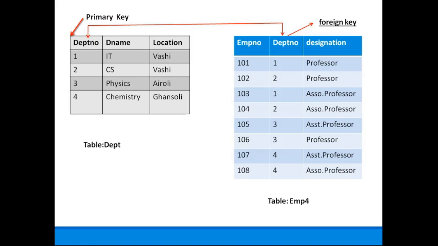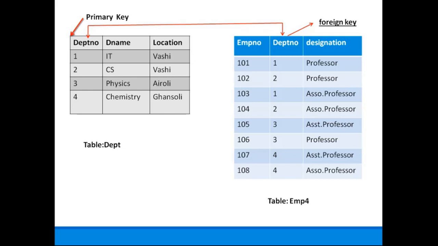And in the employee 4 table, we require the department number of the employee. That's why I'm using the department number column of the department table in the employee 4 table for maintaining the department number of the employee.